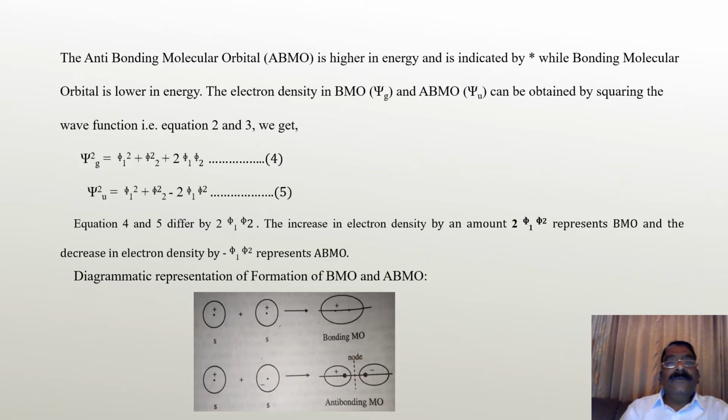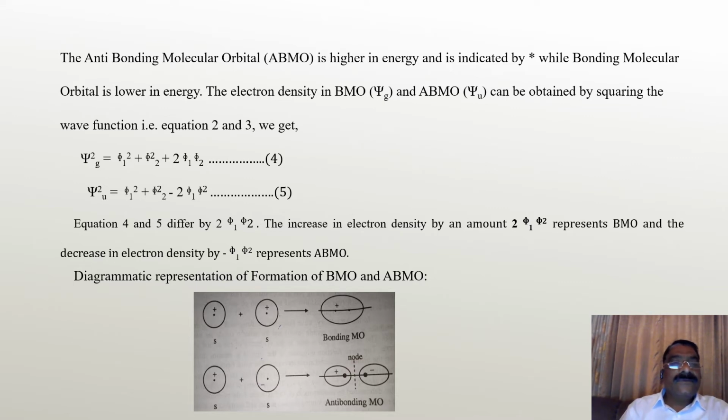The antibonding molecular orbital, ABMO, is higher in energy and is indicated by a star, while the bonding molecular orbital is lower in energy. The electron density in BMO psi g and ABMO psi u can be obtained by squaring the wave equations, that is equations 2 and 3.